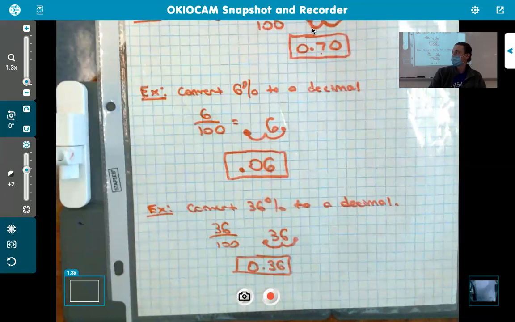What if you're outside or something like that, you just forget which way to move it? What you notice on the example, you see the fraction where it says 6 over 100, 36 over 100, what can you do with that fraction? In your calculator.